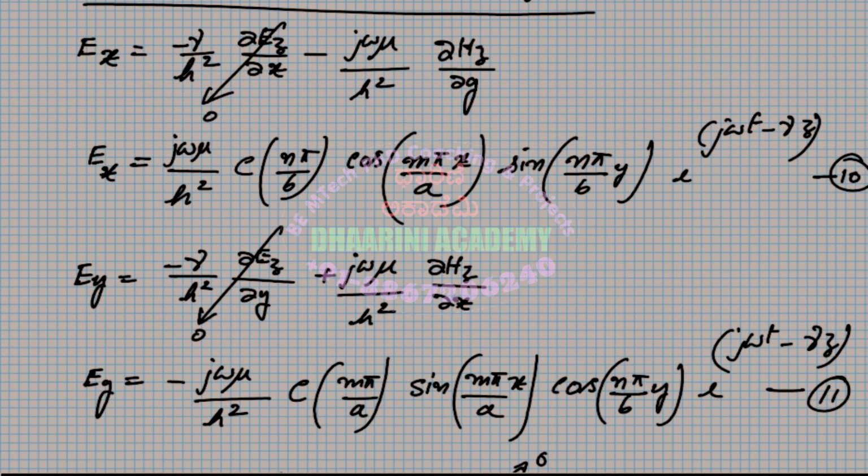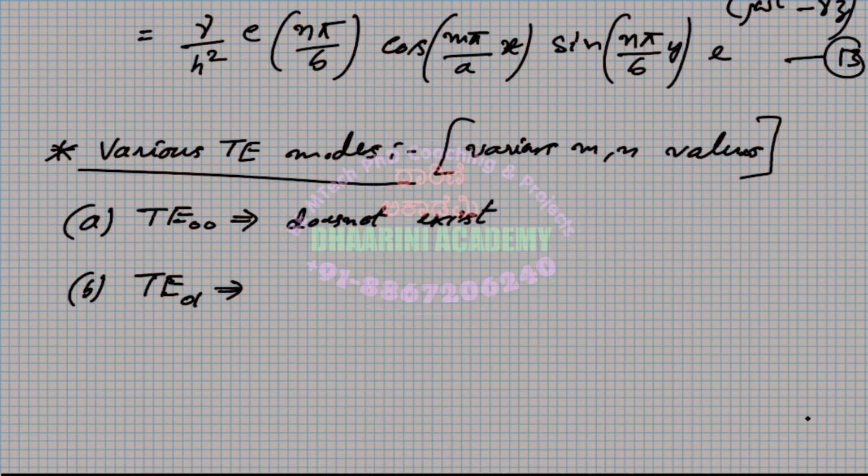What about Ex? So we understand that this implies Ex and Hy exist. So Ex is not equal to 0 and Hy is not equal to 0. So this means TE01 exists. The wave will exist. This mode, yes, it can propagate.